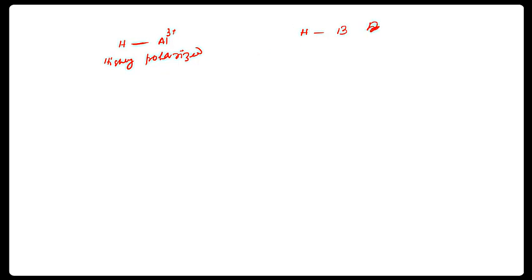As it is highly polarized, it will be decomposed by water or polar protic solvent.